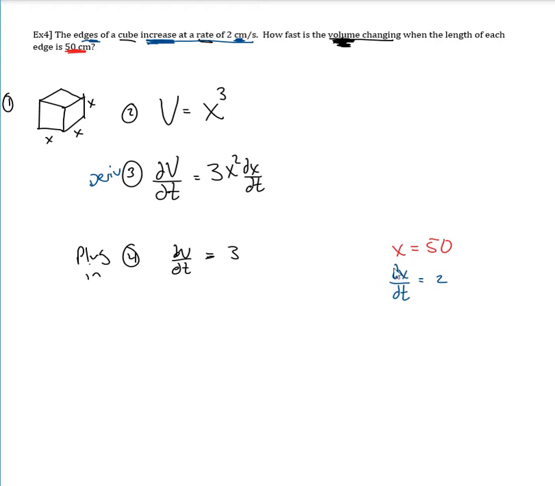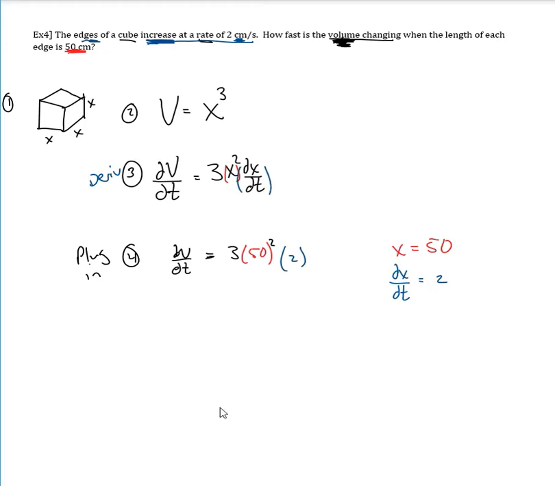Okay, so anyway, let's go back. So I just started writing my equation, dv dt. I just stopped at 3 because I needed x to be 50. And then it's going to get squared. And then dx dt is going to be 2.